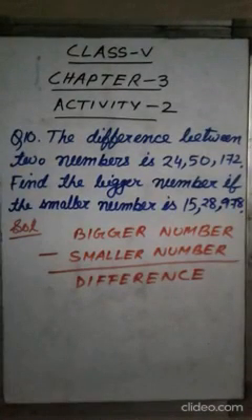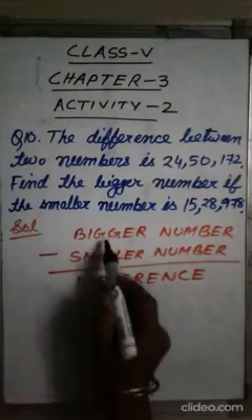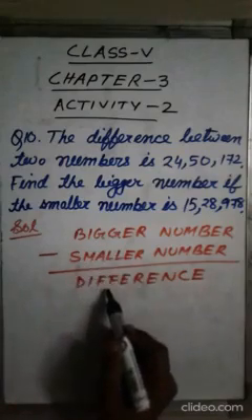Now, question number 10. The difference between two numbers is 24,50,172. Find the bigger number if the smaller number is 15,28,978. So you know that if we subtract the smaller number from the bigger number, we get the difference.